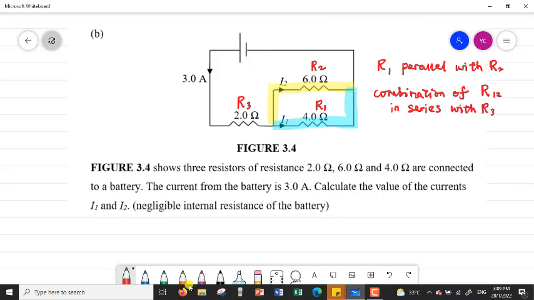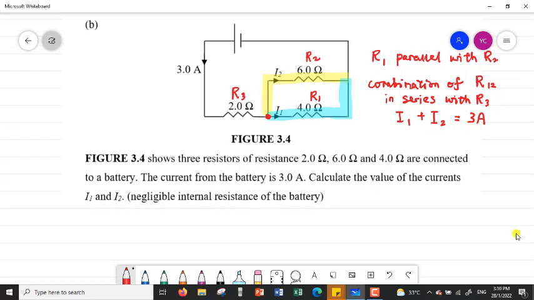So we can know that I1 and I2, when we sum up I1 and I2, actually is equal to 3 ampere. Why? Because the 3 ampere will flow through the 2 ohm resistor, and then when it reaches this junction, it will split into 2, I1 and I2. So we can see very obviously I1 plus I2 must equal to 3 ampere.